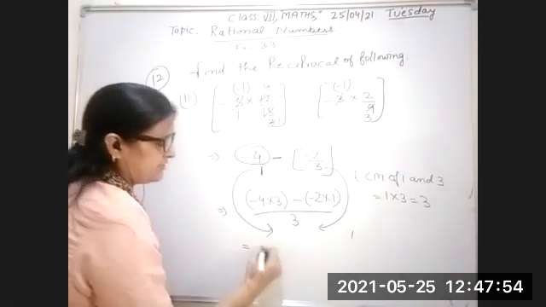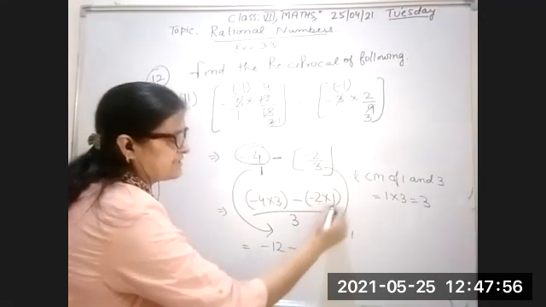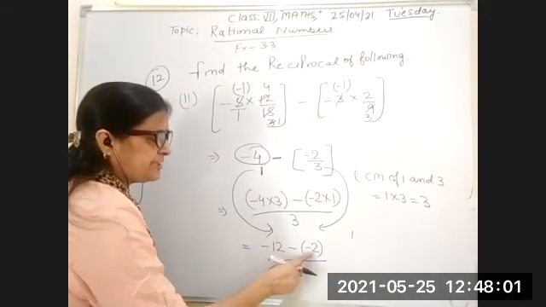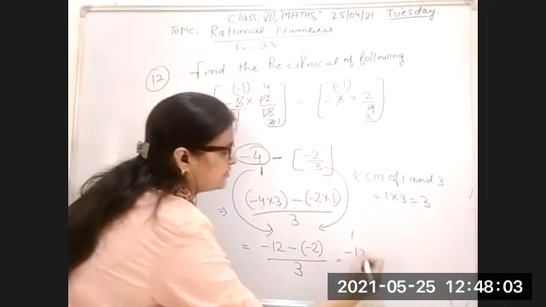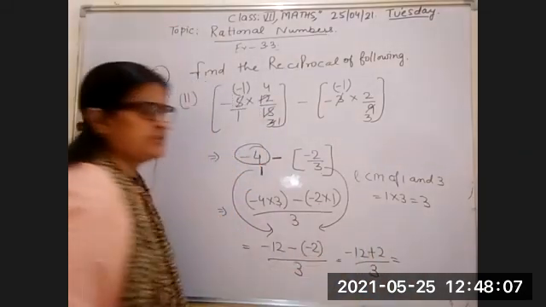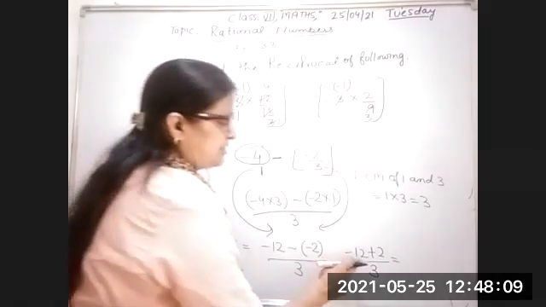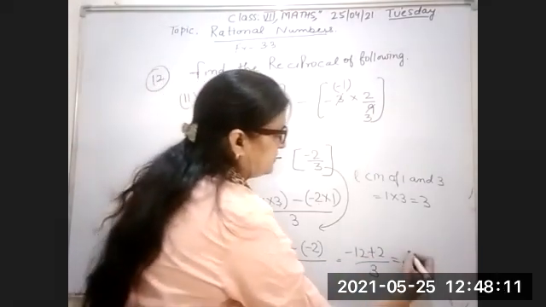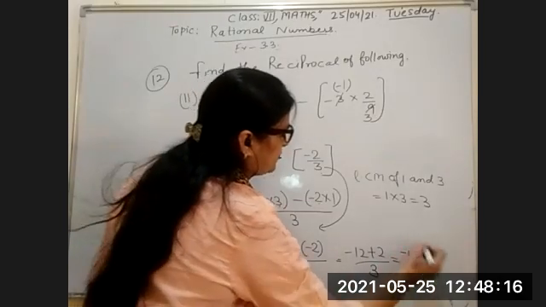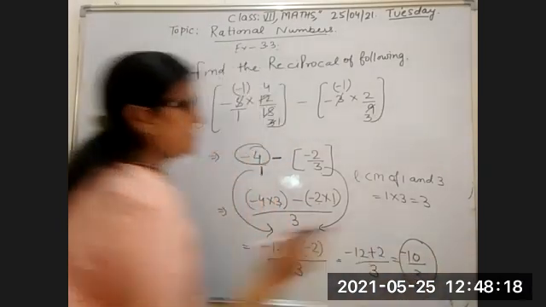Now it is equal to minus 12 minus minus 2 upon 3. When you multiply minus with minus, you will get plus 2 upon 3. So the answer of this question is, when you subtract 2 from 12, it is equal to 10 upon 3, and the sign you will put here is minus, minus 10 upon 3.